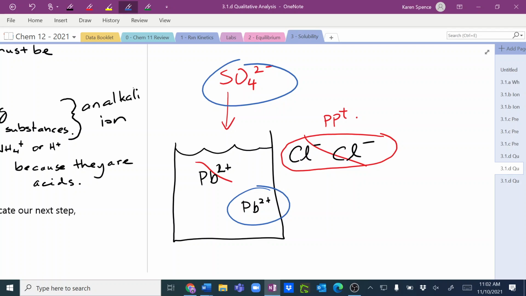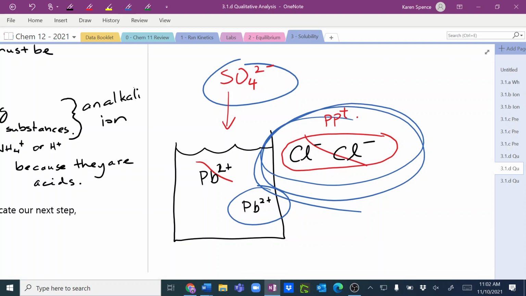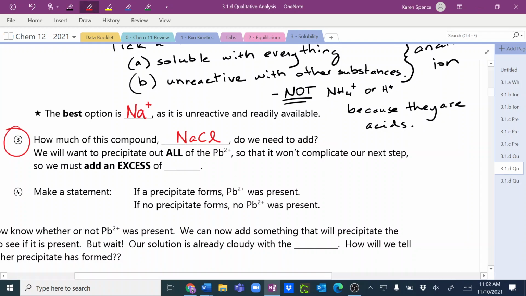But what it means is that when you add your chloride ion, you want it to get rid of all the lead. You need all the lead gone. Fortunately, we are not doing this in a quantitative fashion. You don't have to give me any numbers. You just need to say that you need to add an excess, which means more than is needed, to react all the lead.